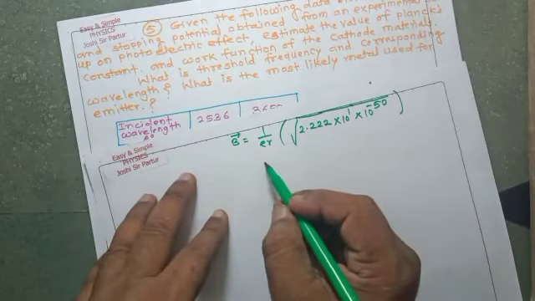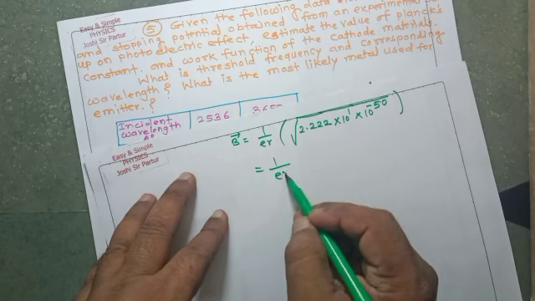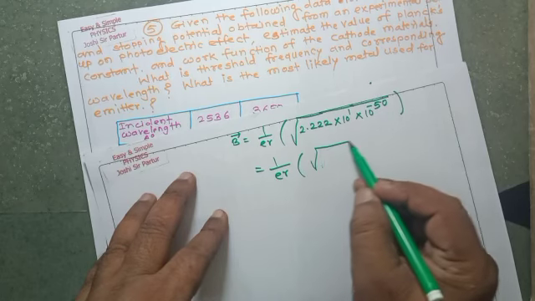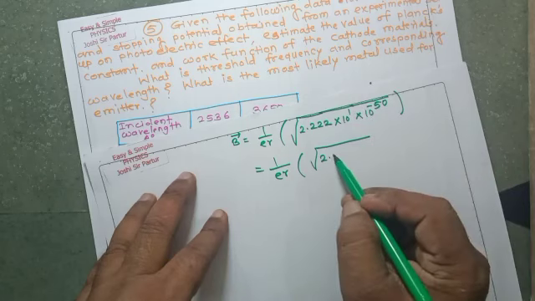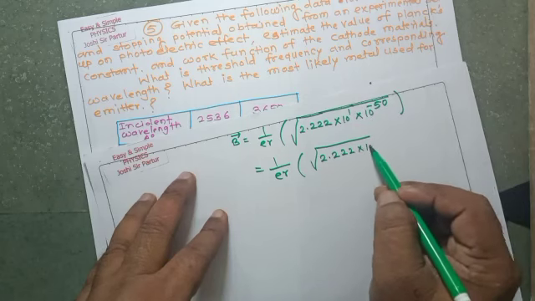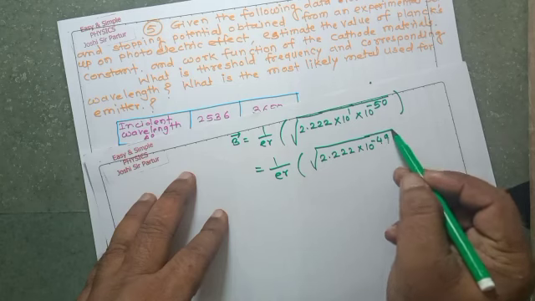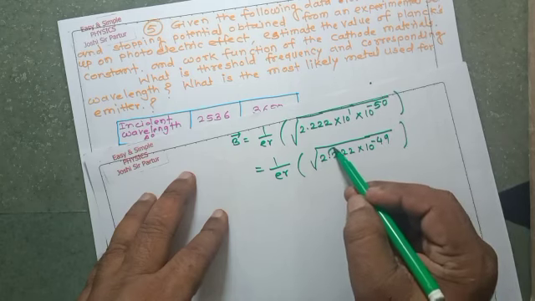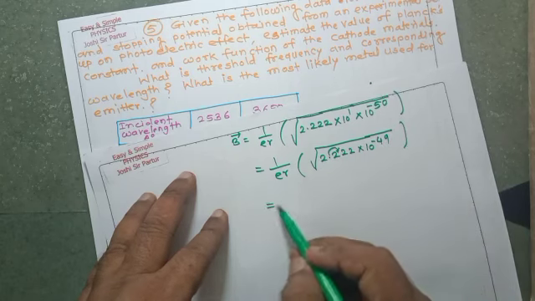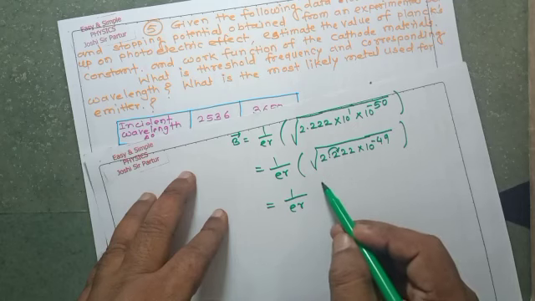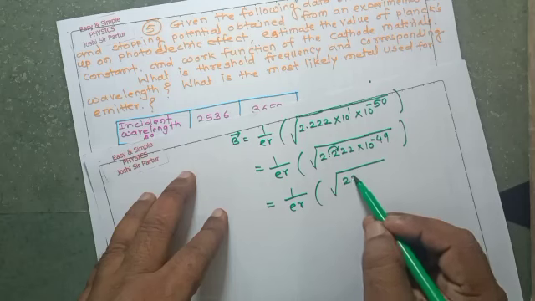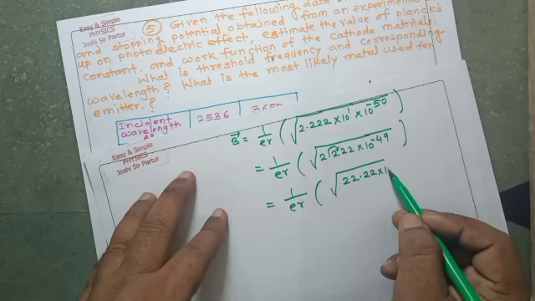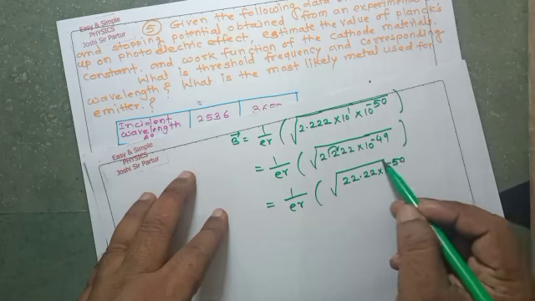So 1 upon eR square root of 2.222 into 10 raised to minus 49. If we shift this decimal point, it will be the square root of 22.22 into 10 raised to minus 50.